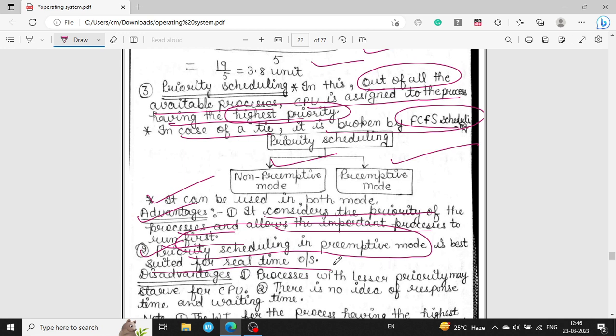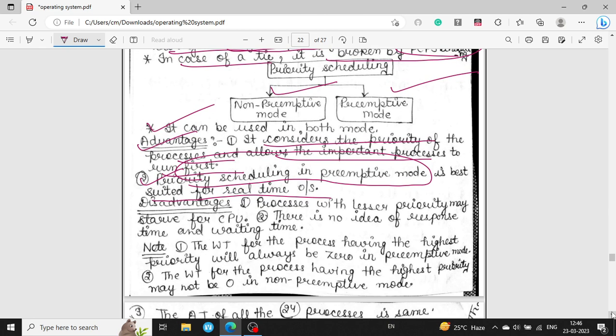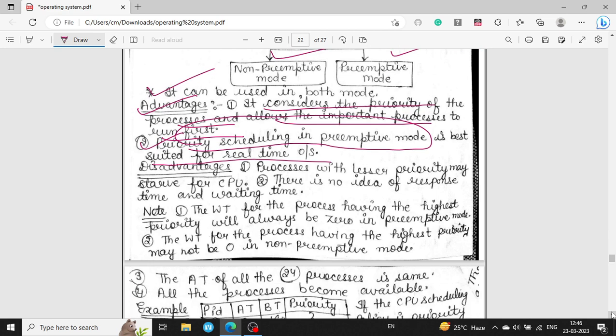You should keep that point in mind: when we are in a real-time operating system, we can use priority scheduling in preemptive mode because it is best suited for it.